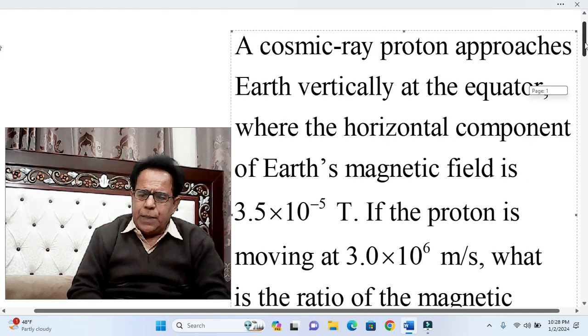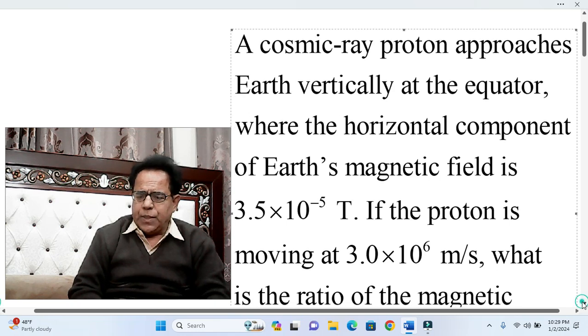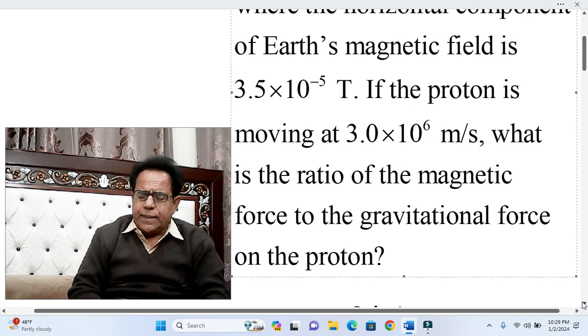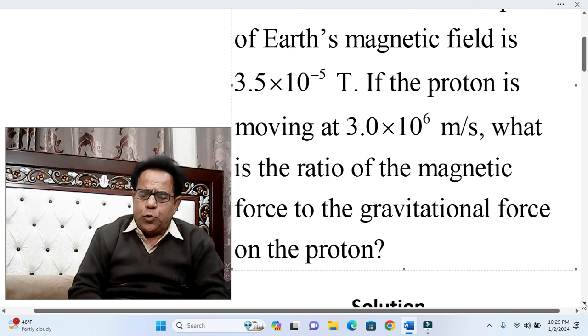A cosmic ray proton approaches Earth vertically at the equator, where the horizontal component of Earth's magnetic field is 3.5 × 10^-5 Tesla. If the proton is moving at 3.0 × 10^6 meters per second, what is the ratio of the magnetic force to the gravitational force on the proton?